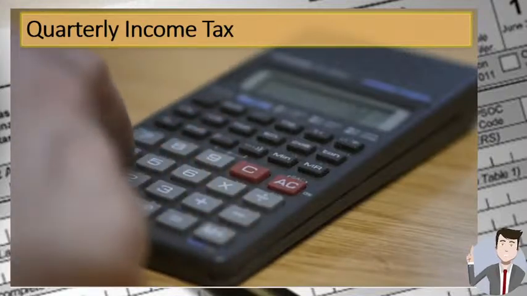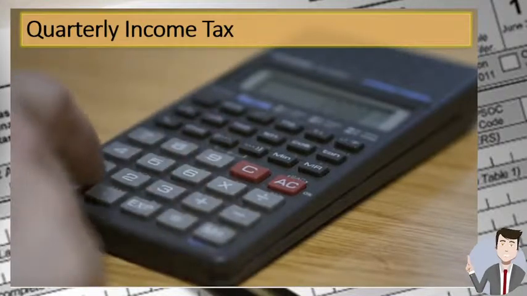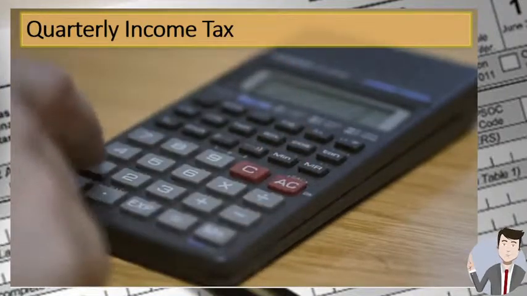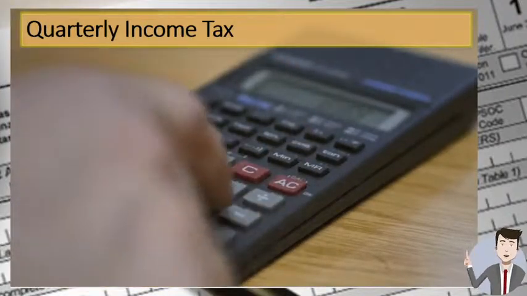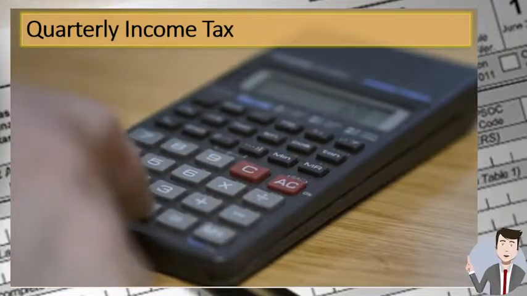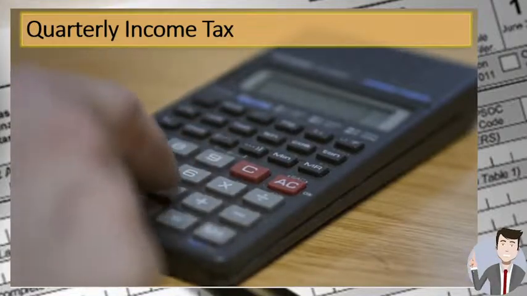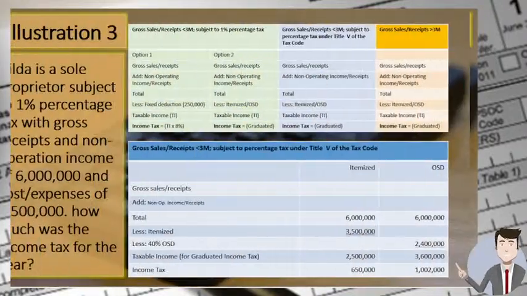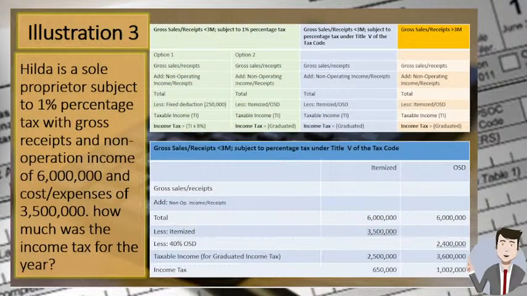For computation purposes, the law allows what we call quarterly income tax. Why? Because you can split your computation and pay your income tax in advance. Try to imagine if you were Miss Hilda, you would pay 650,000 at the end of the year, between December 31 and April 15 if you are using calendar year.